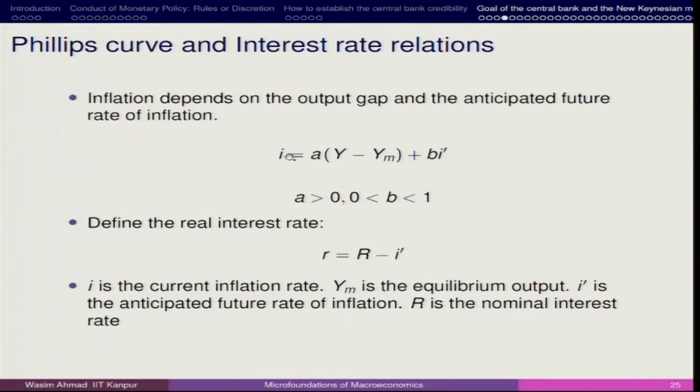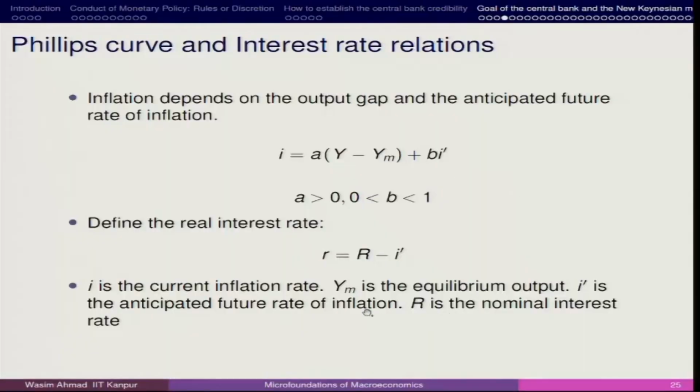What it means is that if the rate of inflation goes high, your output gap will also increase. So, there is a direct relation. The limit of B, lower and upper, has implications for how much a 1% increase in future inflation leads to a change in the current inflation. So, this is about the expectation formulation that we are trying to see.